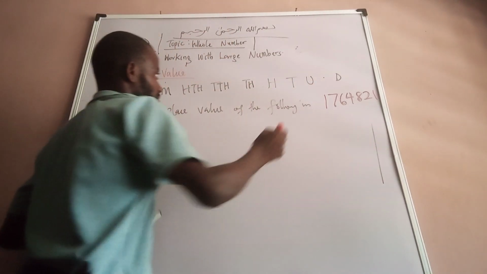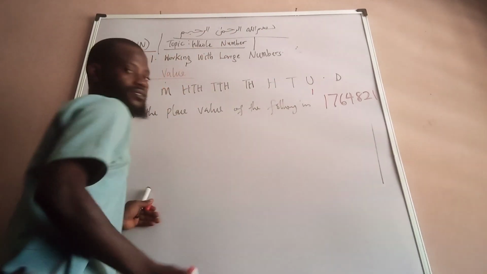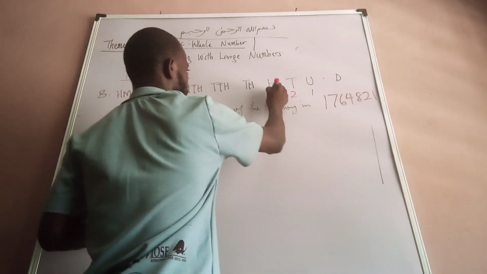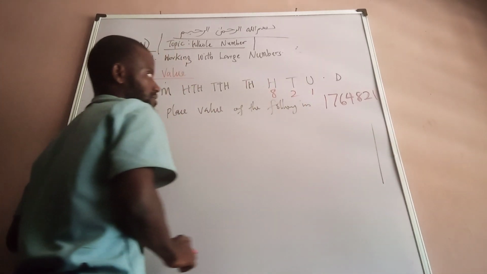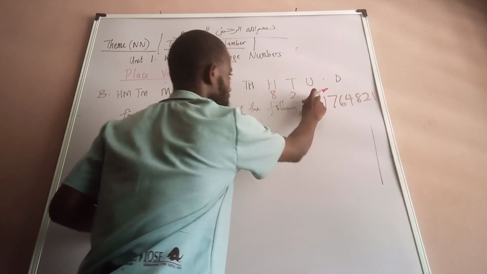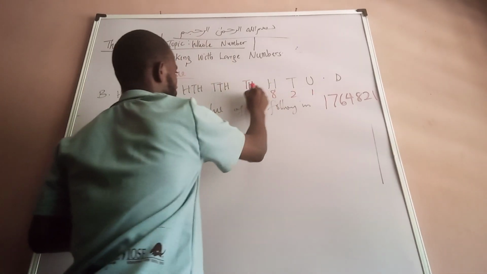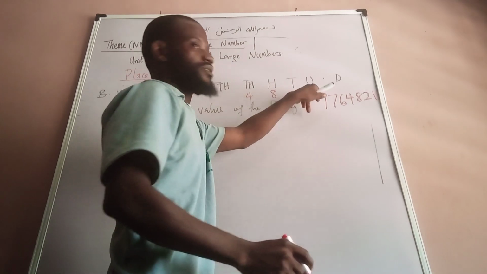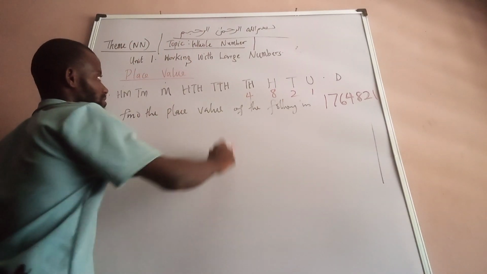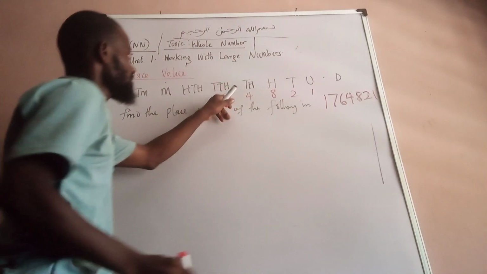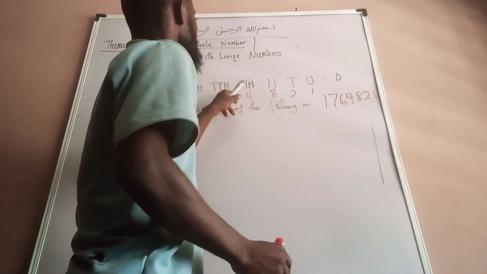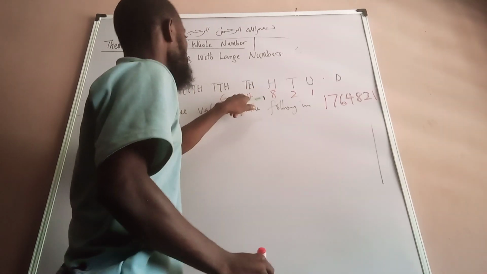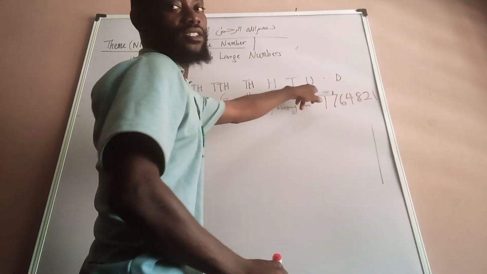So it will now be 1 unit, 2 tens, 800, that's 821, right? 4,000, 4,821. Then the next one, 60,000, 4,000. So the two will now be 64,821.